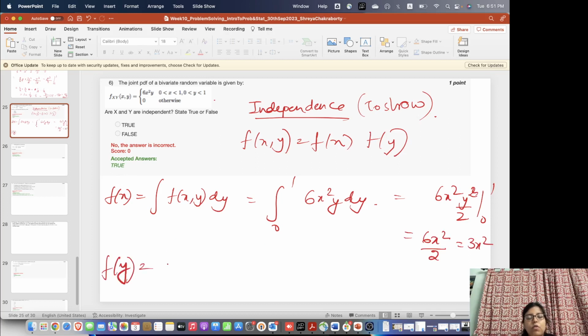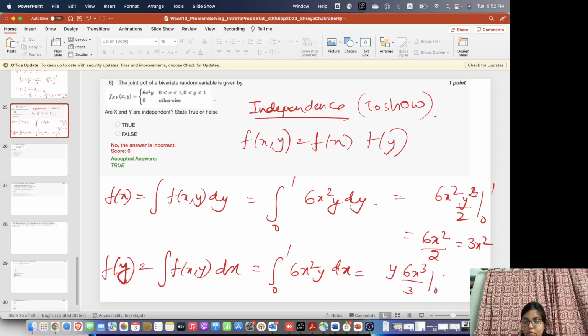Similarly, fy would be the integration of fxy dx. So x ranges from 0 to 1. 6x square y dx, equal to y times 6x cube by 3, from 0 to 1. Okay, so this would be 2y.